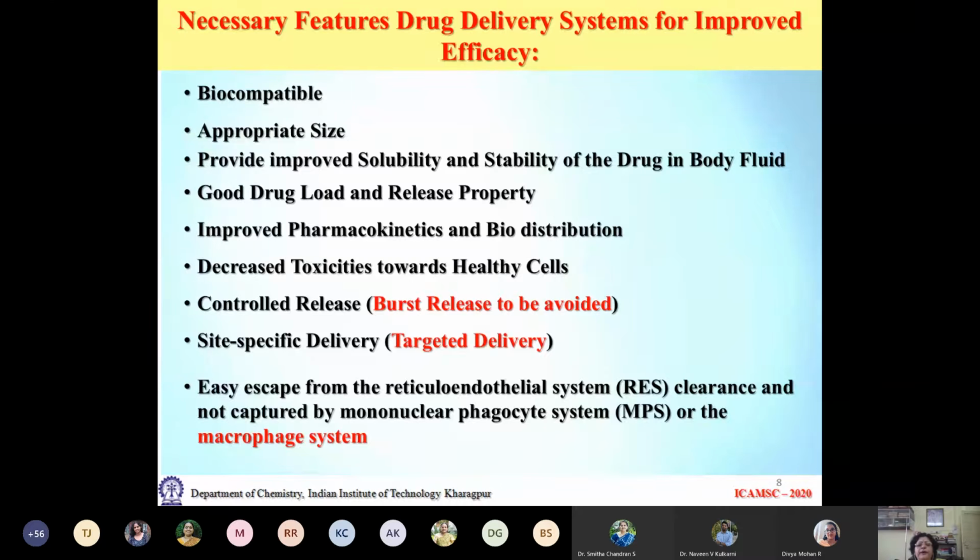Now, what happens if you are having a carrier which is developed and you are loading the drug? If the drug loaded is not sufficient, if it is less than say some 5%, then you have loaded the drug and you use it for the purpose of targeting the cancer cells. What happens? You are actually accumulating more of the carrier instead of the actual drug.